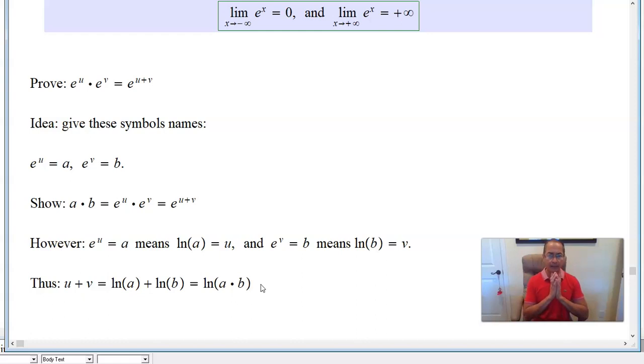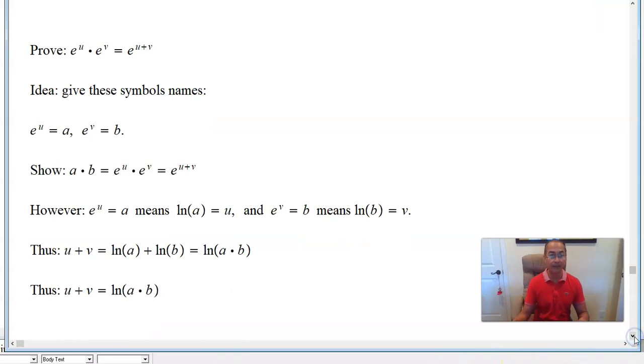So now let's think about cancellation, and what does it mean for ln of something to be equal to something? We can rewrite this directly as u plus v must be the ln of a times b. But we can write this in exponential form. This means that e to the u plus v must be equal to a times b.